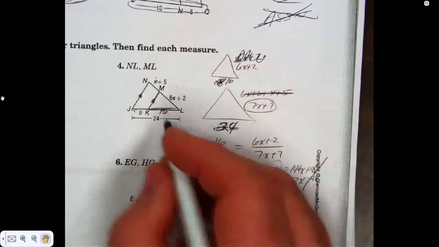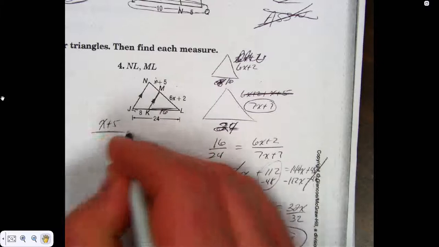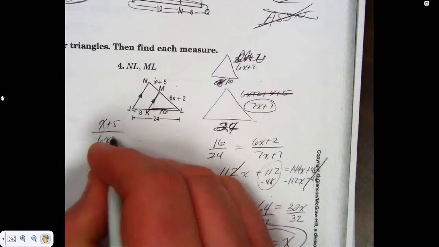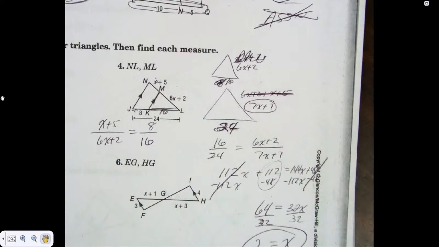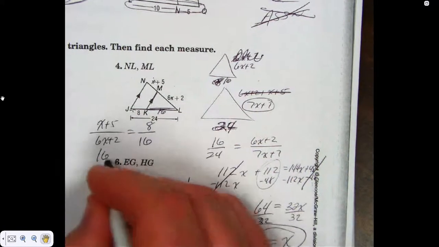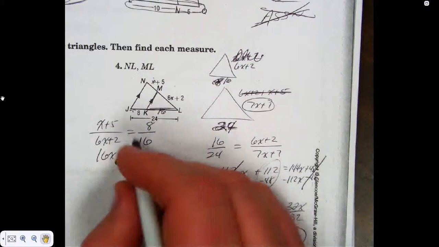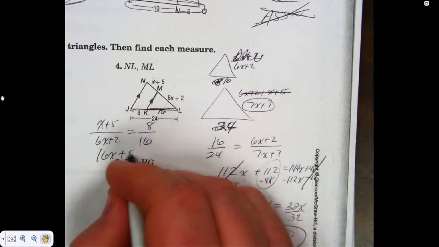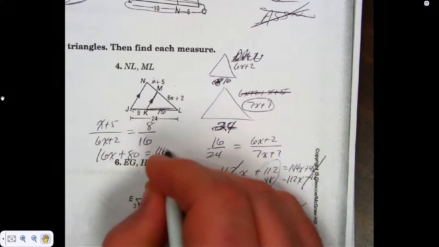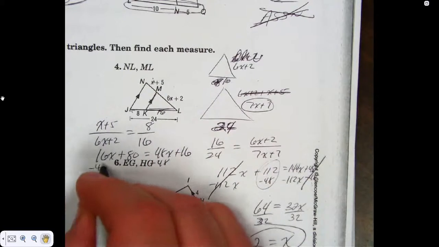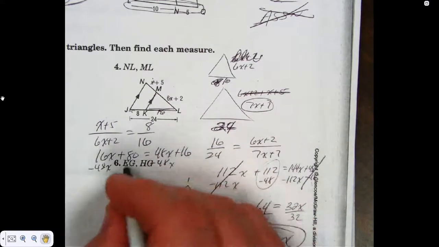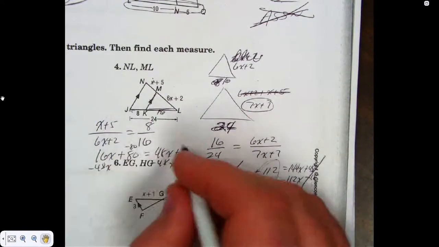So what I would have done here is I would have gone x plus 5 over 6x plus 2 is equal to 8 over 16. That's what I did. And guess what? You'll notice you get the same answer. 80, right? 48x plus 16. Subtract 48. Subtract 80.